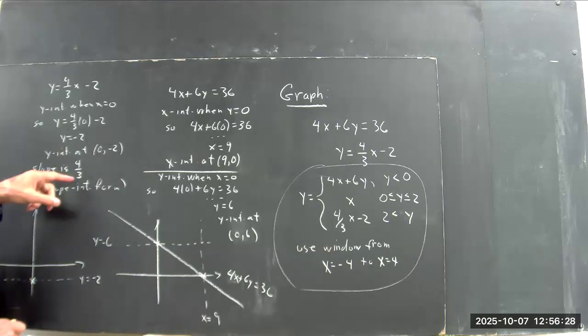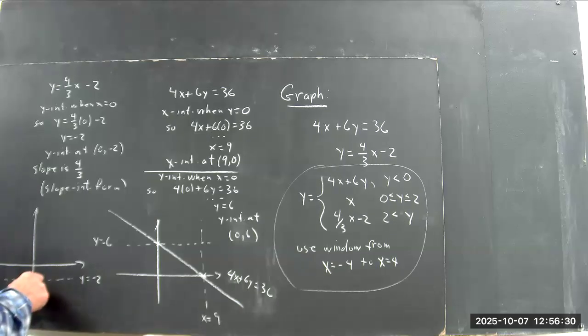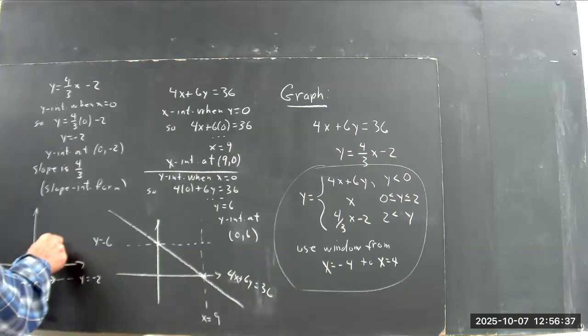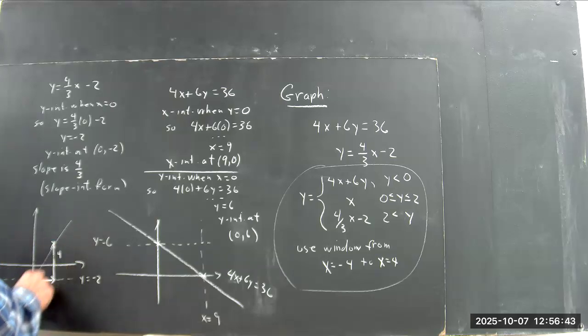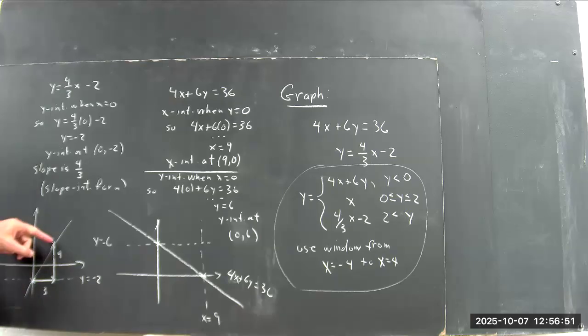So the rise is going to be 4, the run is going to be 3. So we move over 3 units and up 4 units. And what I'd want to see in your paper is just what I wrote. I'd want to see the arrows to show you that you know how to get another point given one of the points, right? There's a graph.